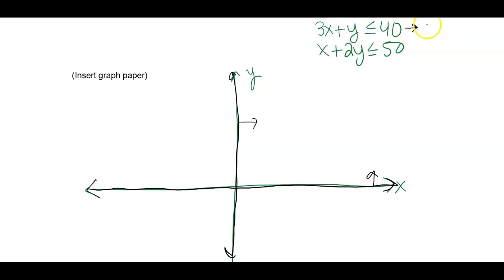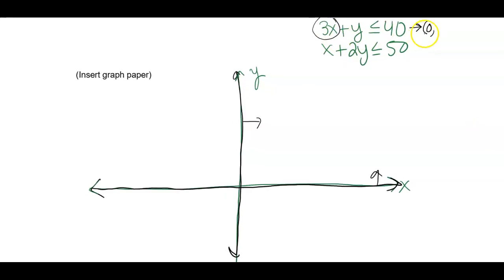Okay. So some points that would be on this line, if I plug in 0 for x, what would y be equal to? So we're kind of pretending like it's an equal sign right now because we're not doing the shading yet. So if I plug in 0 for x, that's a 0 now, and I would just have y is equal to 40. So 40 is my y-intercept for that line.